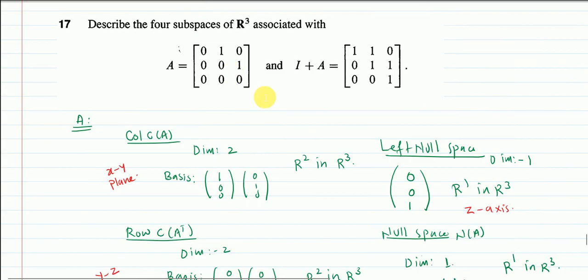So here I have taken an example. I have already solved this example and found the subspaces of this matrix, that is matrix A. How can we find the four fundamental subspaces?